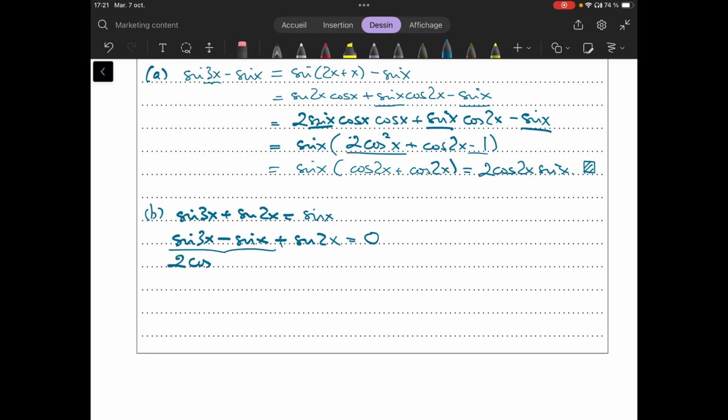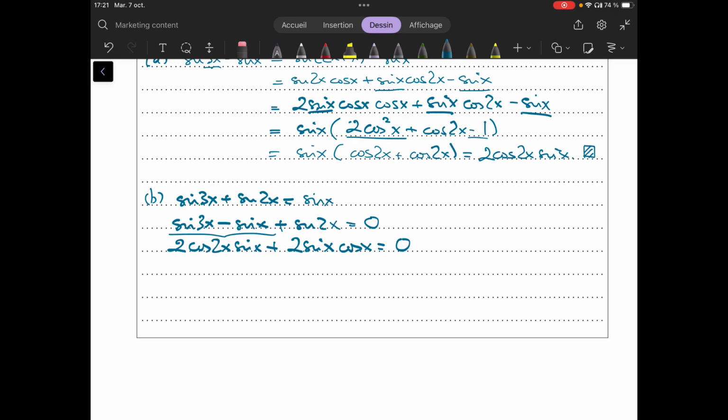This term is equal to 2 cos of 2x sine of x. Sine of 2x, that's 2 sine x cos x. We can now factor out this 2 sine of x. And you're left with cos of 2x plus cos of x.